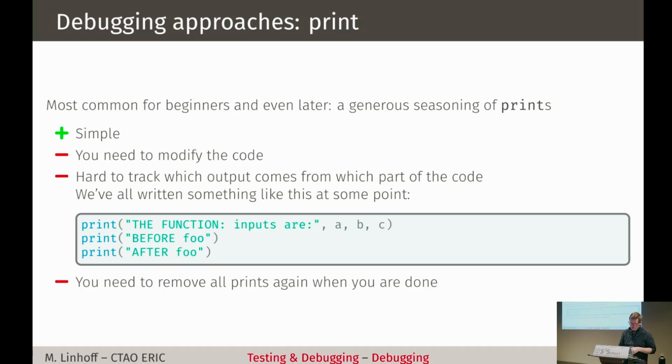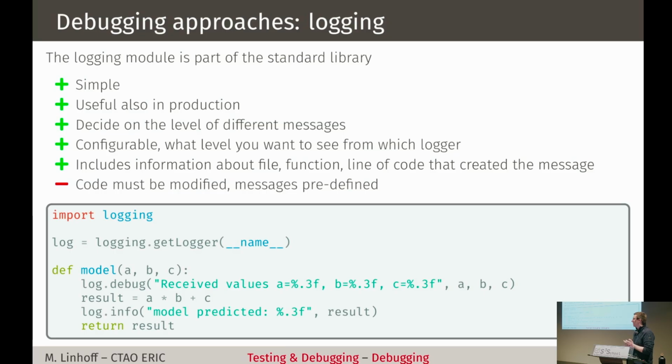And what I showed you already a bit before in the testing is using the logging module. And here the advantage is that you basically can switch on and off very fine-grained what kinds of messages you want to see and which ones are not shown. And by default, for example, only messages with a level of warning will be shown, and everything that's just debug and info will not be shown to you.